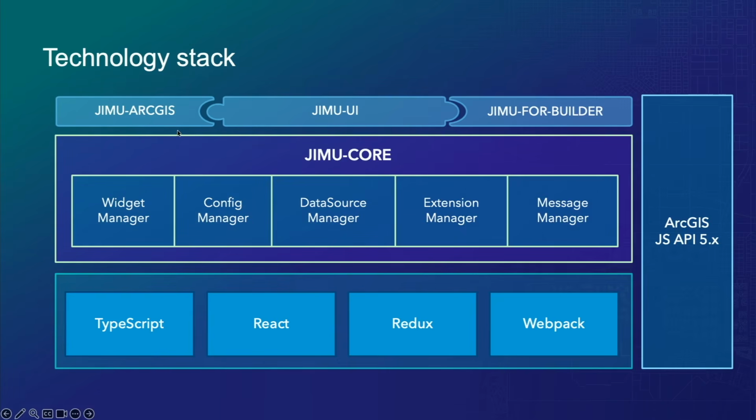The GMU ArcGIS package is designed to contain the components that depend on the ArcGIS JavaScript API. The GMU UI provides the UI framework for your experience. And GMU for Builder includes some common functions used by the builder, providing classes for developing the widget's setting page.